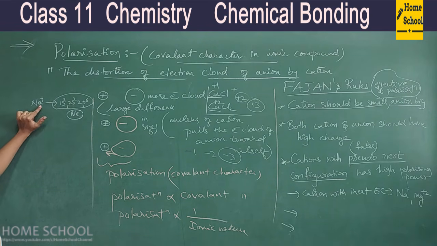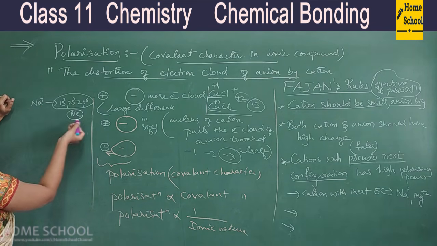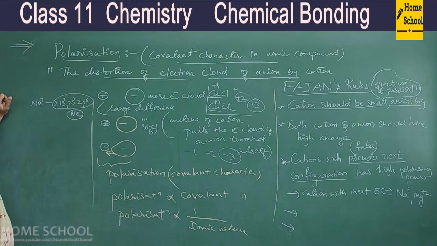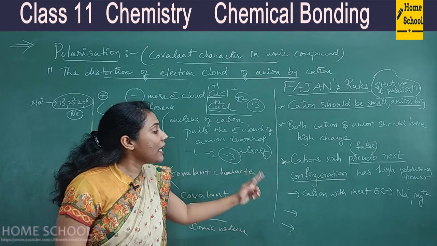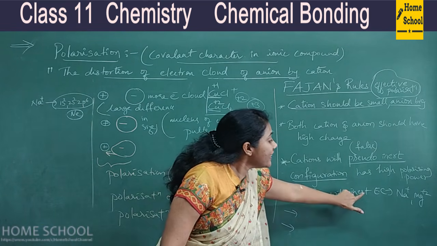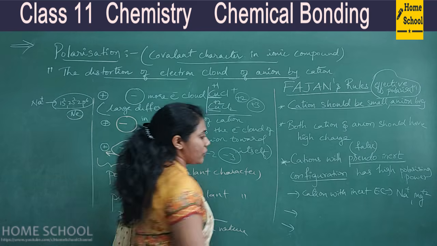So I call Na+ a cation with exact inert gas electronic configuration. Okay. Say likewise Mg+2, it will show exact inert gas electronic configuration, right? So Na+, Mg+2, Al+3, all of them come under cations with inert electronic configuration.